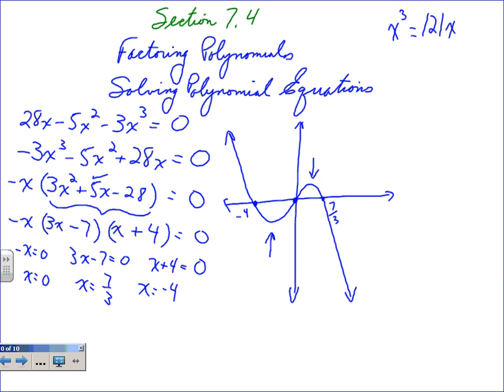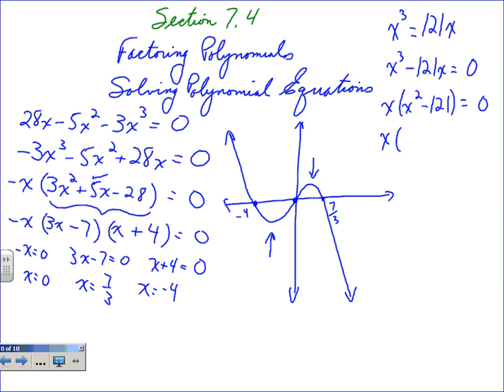Okay? So what we want to do is set this equation equal to 0 by subtracting 121x from each side. Then factor out an x. And does this second parenthesis factor? Yes.